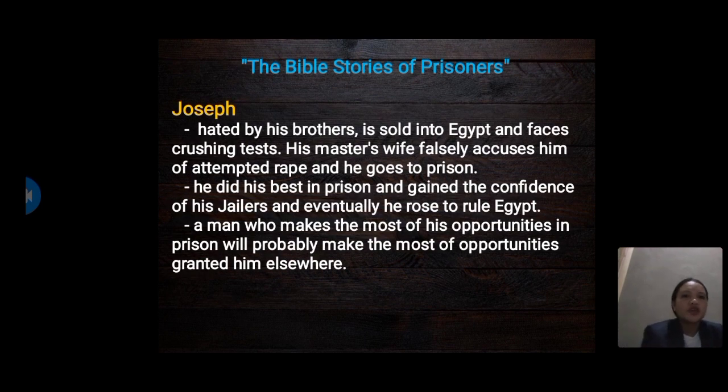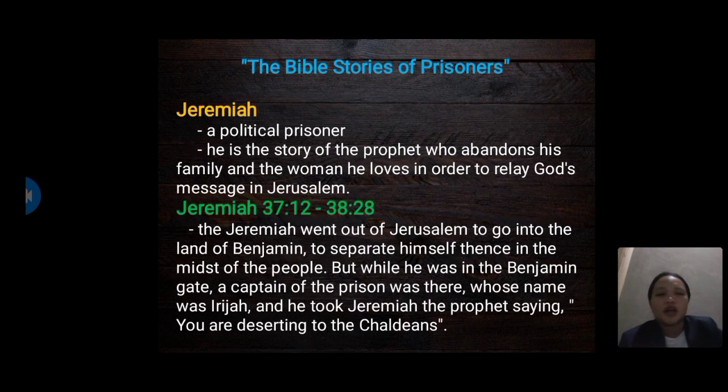Joseph, hated by his brothers, is sold into Egypt and faces a crushing test. His master's wife falsely accuses him of attempted rape, and he goes to prison. That's the reason why he was imprisoned. A man who makes the most of his opportunities in prison will probably make the most of the opportunities granted him elsewhere.